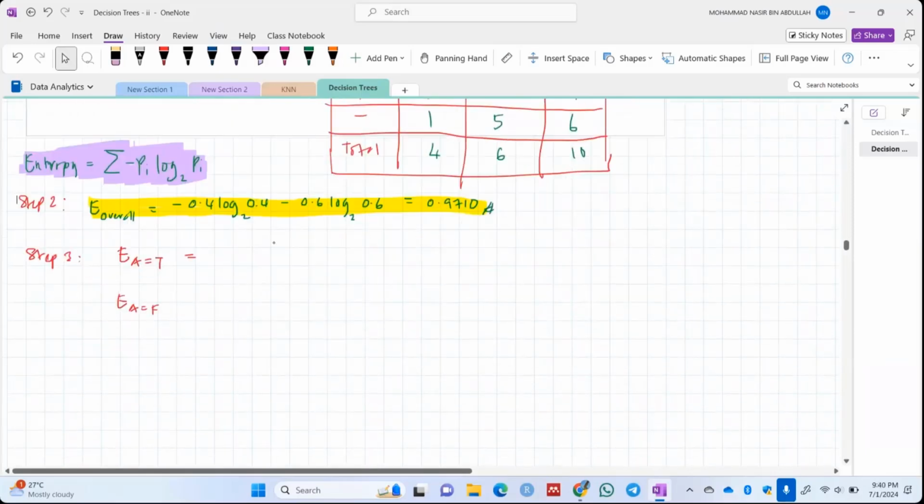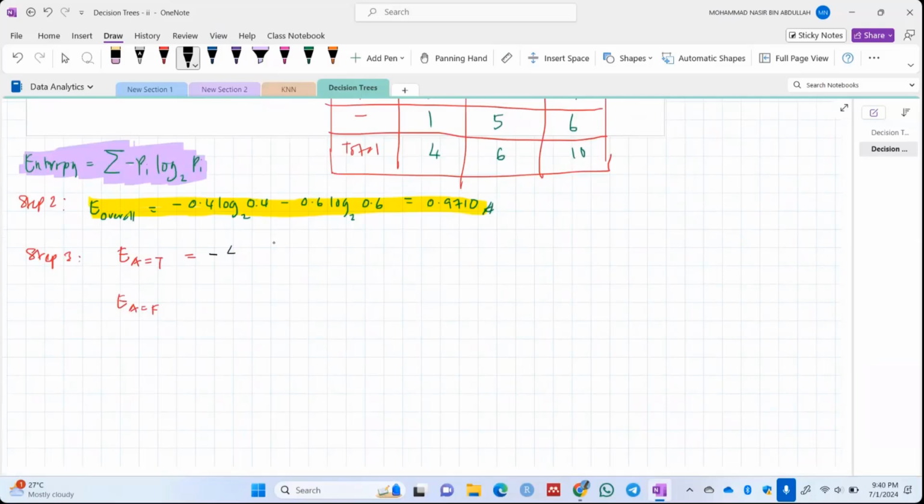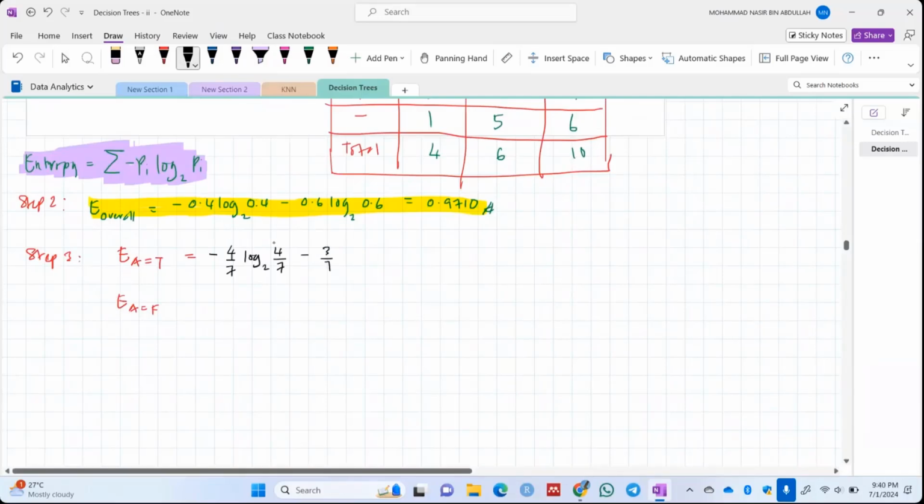The first one is negative 4 over 7 log 4 over 7 base 2 minus 3 over 7 log 3 over 7 base 2. So this one should be equal to 0.9879852.